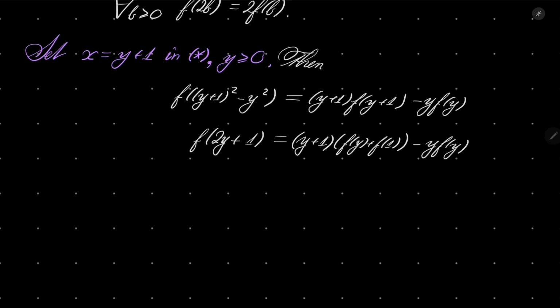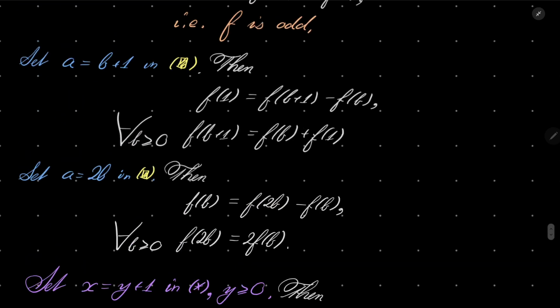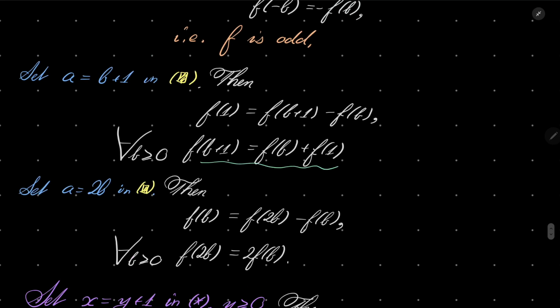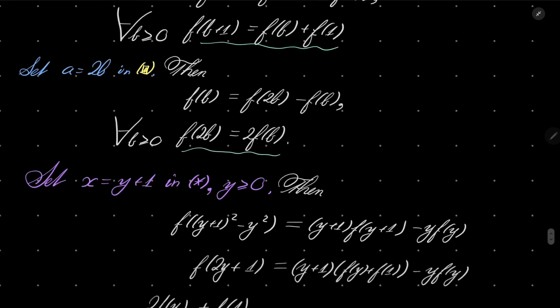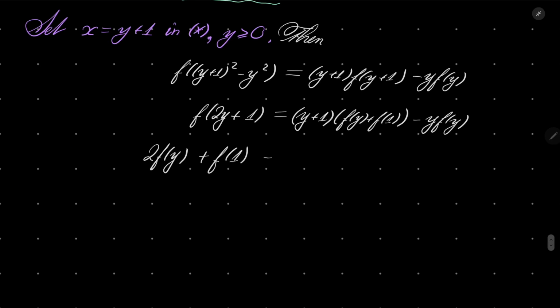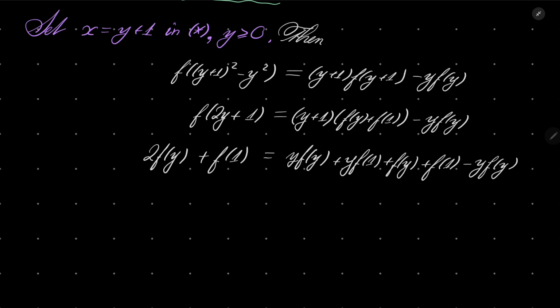And the left-hand side, on the other hand, can be written as 2 times f of y plus f of 1, using once again this and that. And if we multiply the right-hand side, we have y times f of y plus y times f of 1 plus f of y plus f of 1 minus y times f of y.